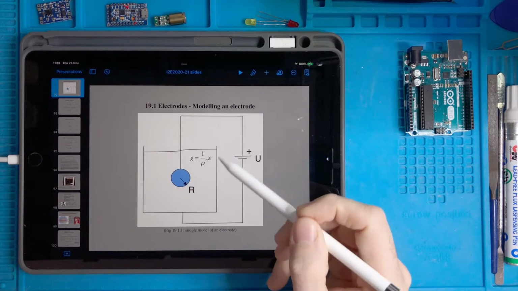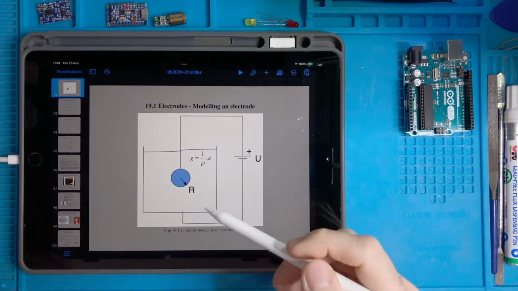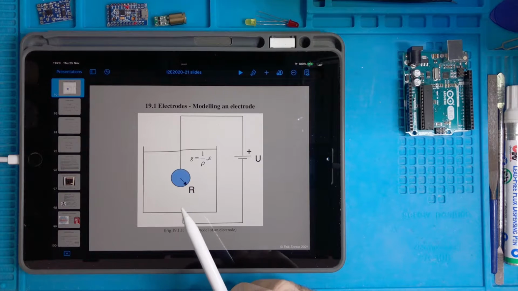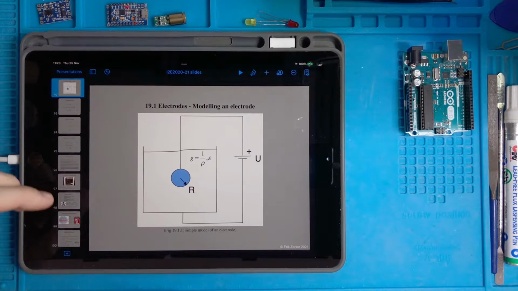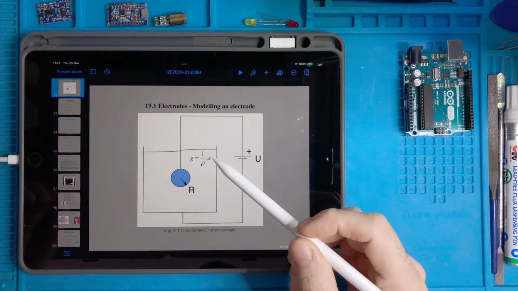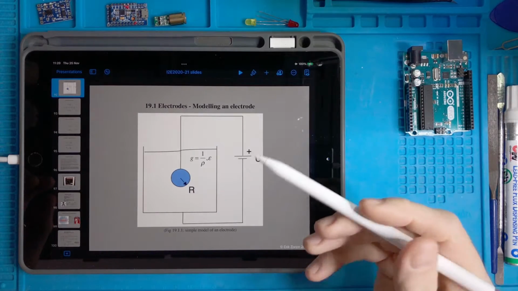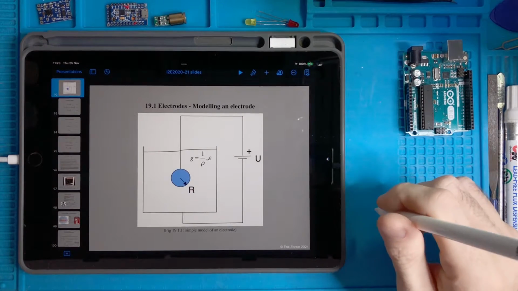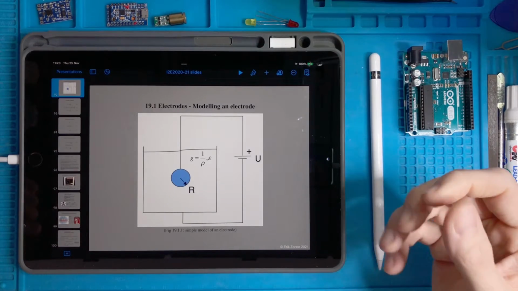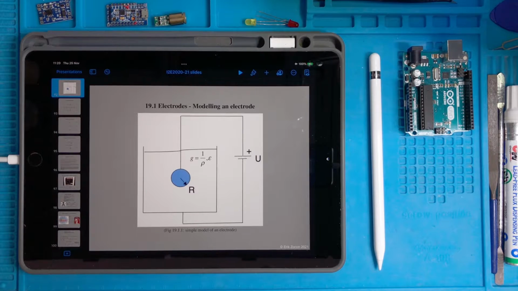Then the container here is not infinitely big and far. So there are a number of approximations that more or less allow us to compute all those integrals in a simple way, but in real life it's not like this. So what is this fluid and what is this container? If we think of neurons in a brain inside the head of an animal, the entire body of the animal is surrounded by the skin.